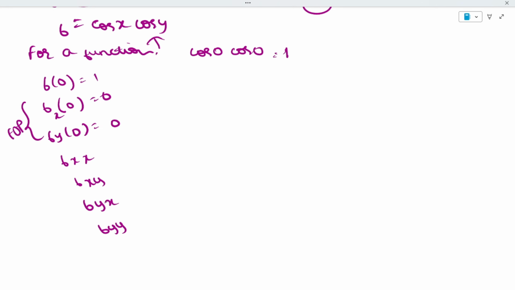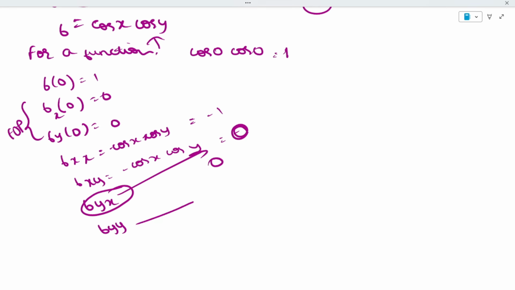Now if you want these all, you have to see that this will be minus cos x cos y, and this will be minus cos x cos y and sin x sin y. The value for xx will be minus 1, for yy it will be minus 1, and for xy it will be 0. Xy it will be 0, and yx is not needed because it is the same as 0 only. Now for yy you will get minus 1.